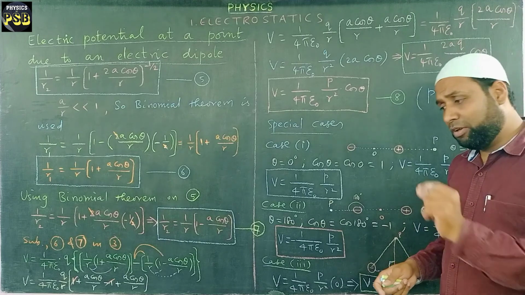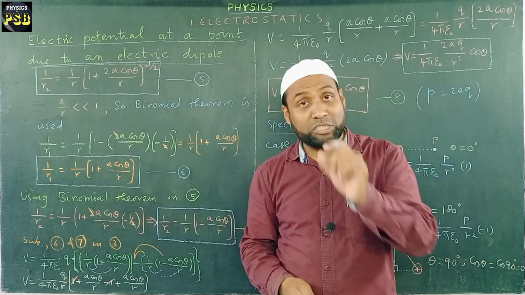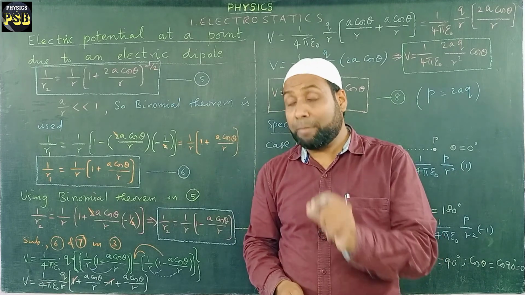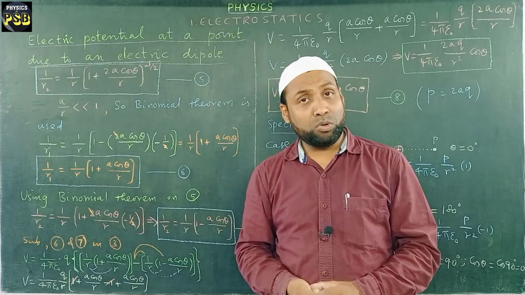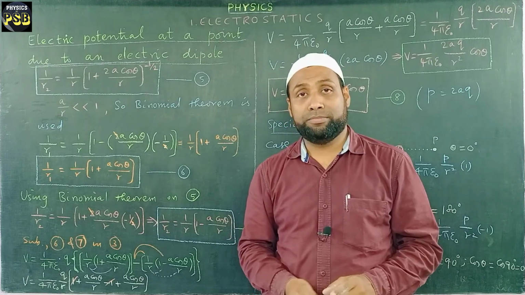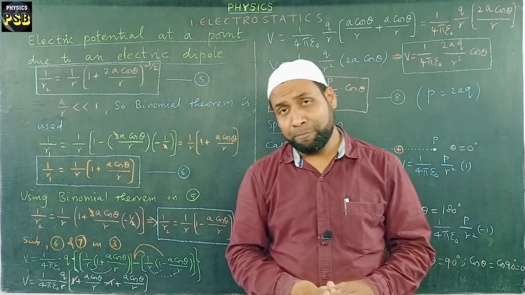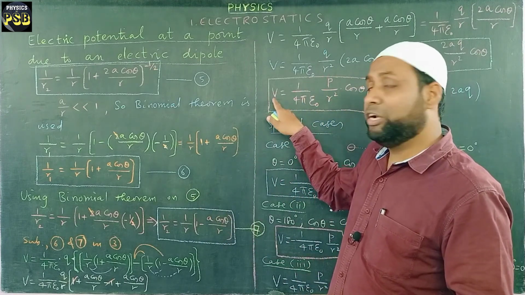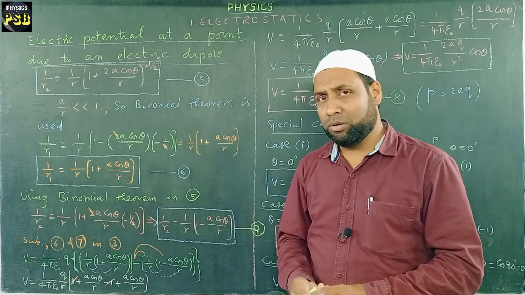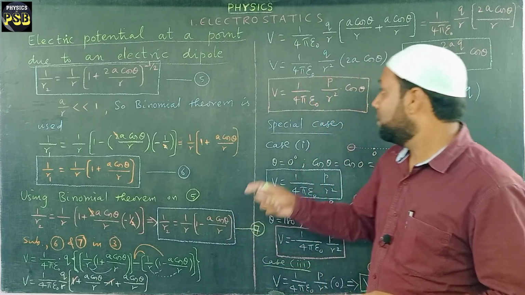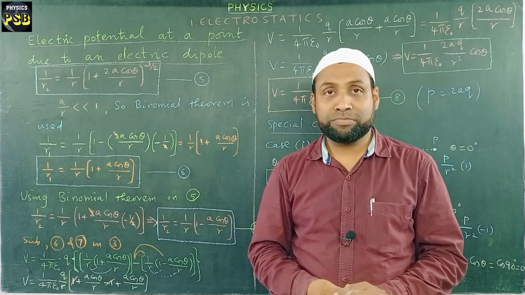Whereas if you find the electric potential due to a single point charge, it is found to be inversely proportional to r. So by comparing these two, we find that V due to an electric dipole approaches 0 faster than the electric potential due to a point charge.